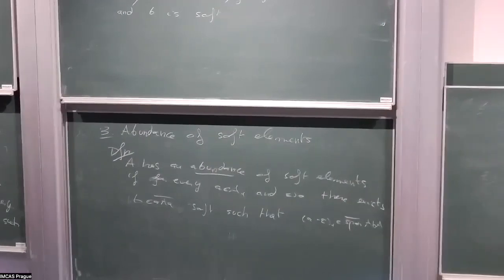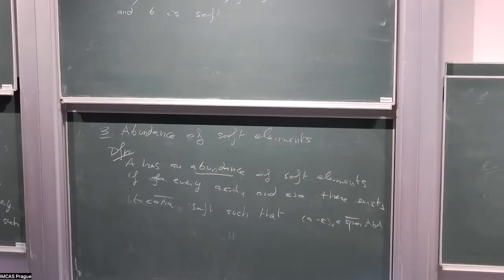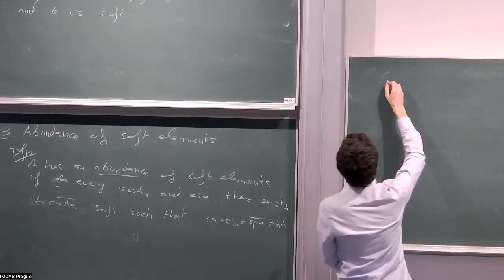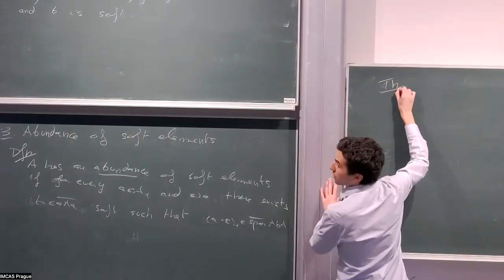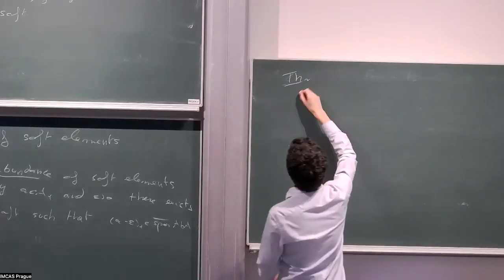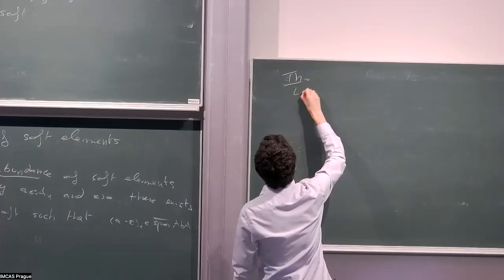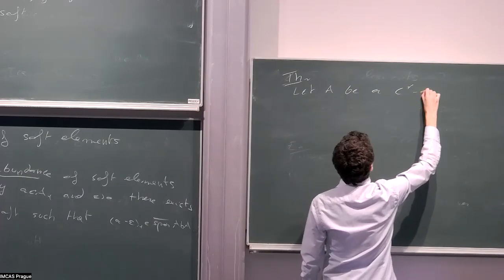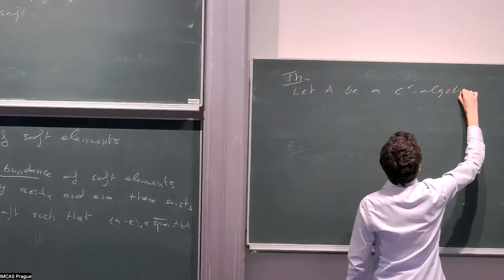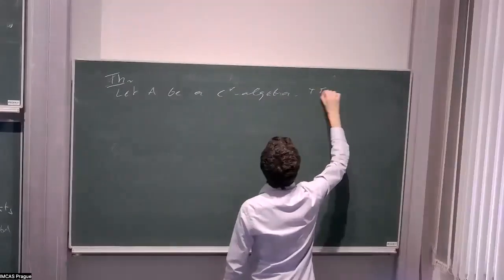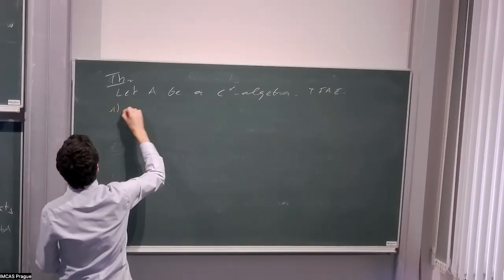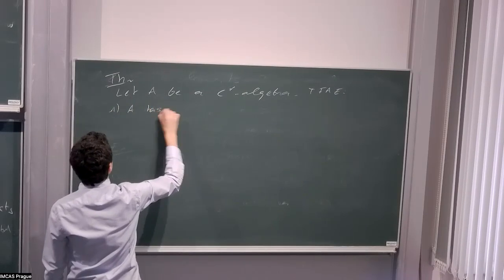So what we can prove in this case, and that's the last result, is the following. If you have a C*-algebra, then the following are equivalent. One, it has an abundance of soft elements.